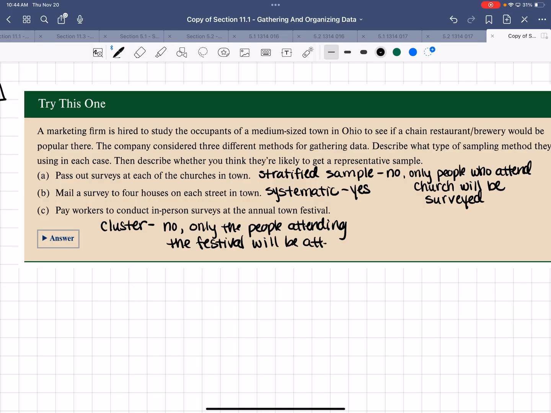It's cluster because those people are already going. We don't have to do anything to put those groups together. There's already some people grouping up, going to the town festival, okay? And so that's a cluster sample. We're using that cluster there, but the book says no. It's probably not a good representation because everybody from the town may not go.